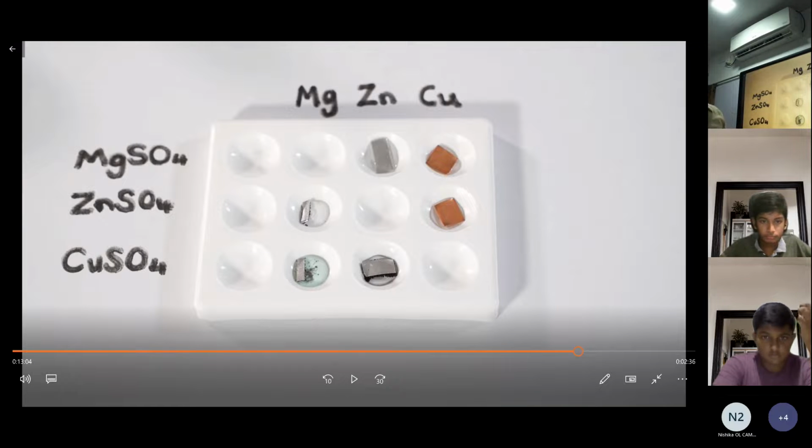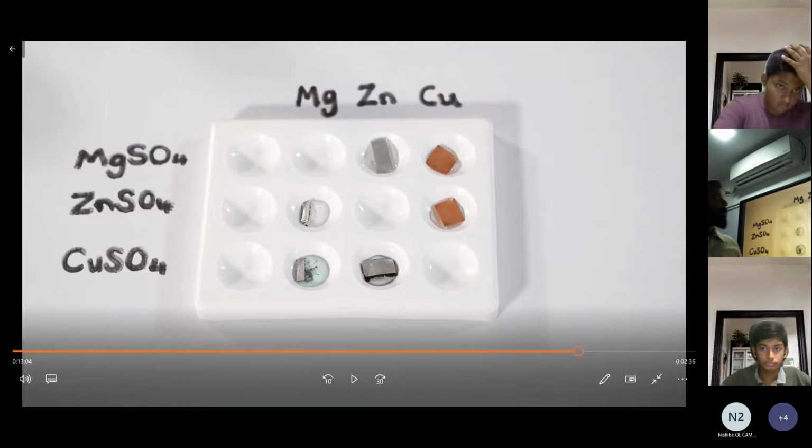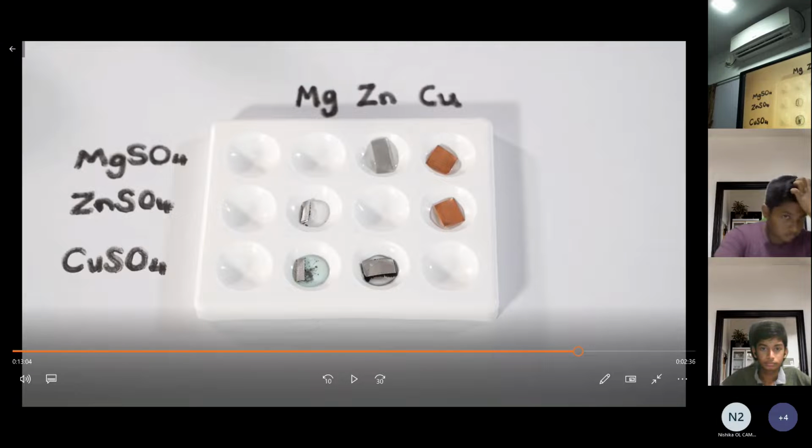What else? Yes, online students. Where else has the reaction happened? So zinc and copper sulfate. Very good. Zinc and copper sulfate reaction has happened. Okay.